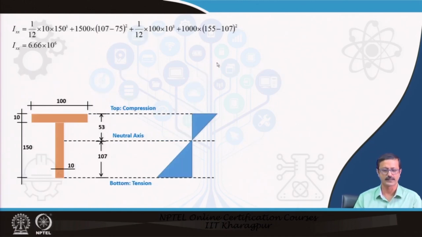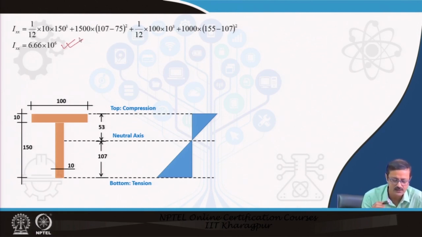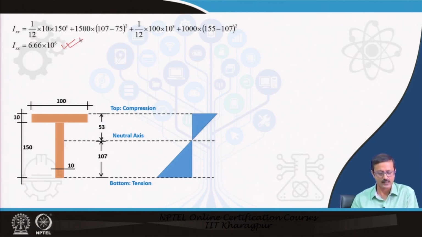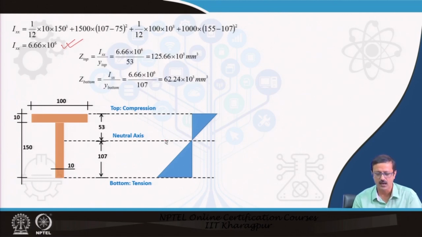Let us go to the next. I have found out the I value also, the moment of inertia value, over here, and the same values of the neutral axis I have kept. Now, what I did is that I can find out the Z top and the Z bottom by virtue of this.